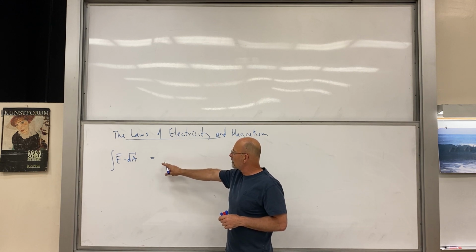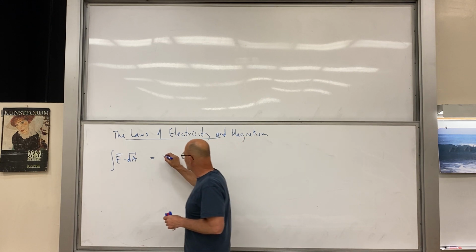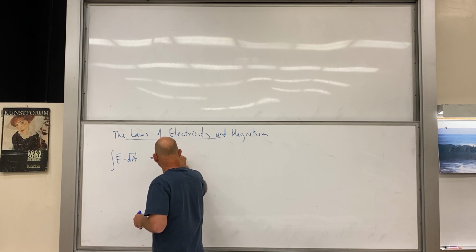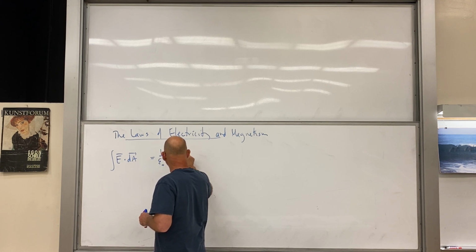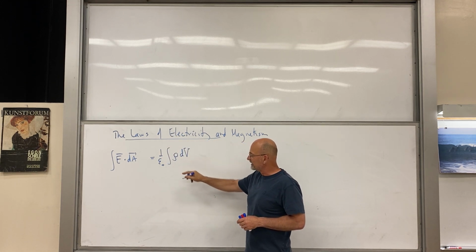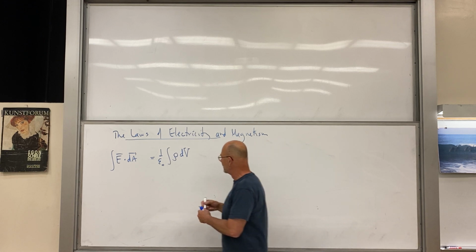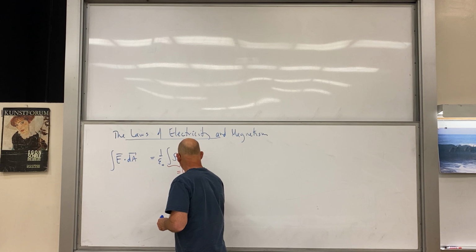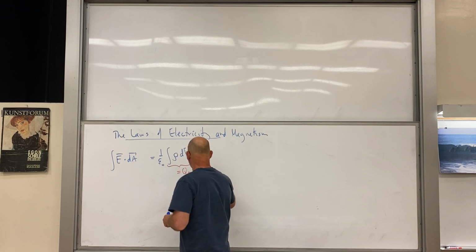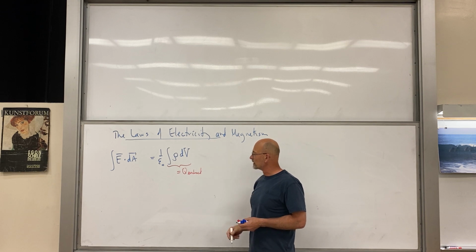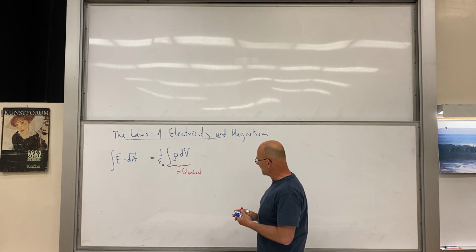Now, we've had Q over epsilon naught before. What I'm going to do is write 1 over epsilon naught integral density d volume. So this is a volume integral over a charge density, and of course, this equals Q enclosed. Density is charge per volume times volume is equal to Q enclosed.